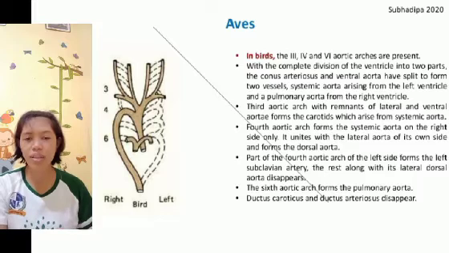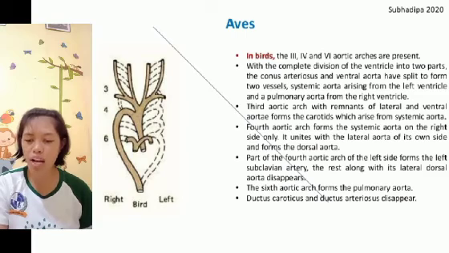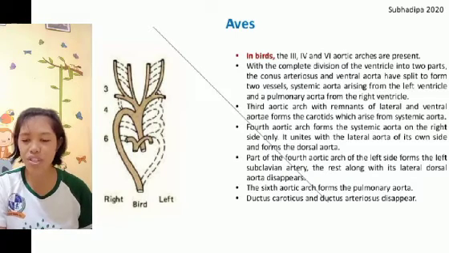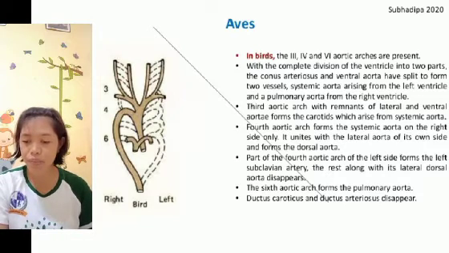So, aves. That's the birds. Now in birds, as we notice here, the 3rd and 4th aortic arcs are present. With the complete division of the ventricle into 2 parts, the conus arteriosus and the ventral aorta have split to form 2 vessels: the systemic aorta arising from the left ventricle here, and the pulmonary aorta from the right ventricle.